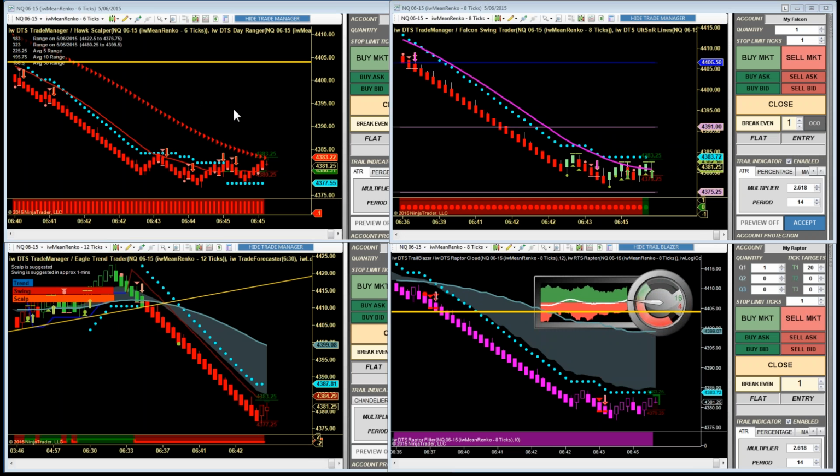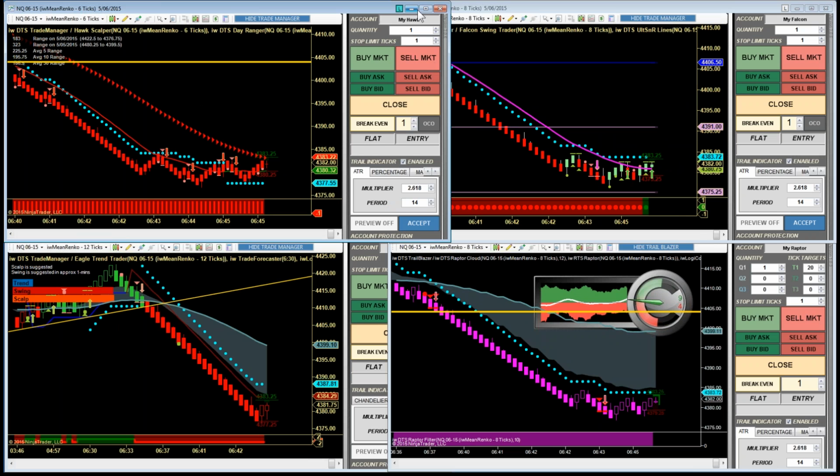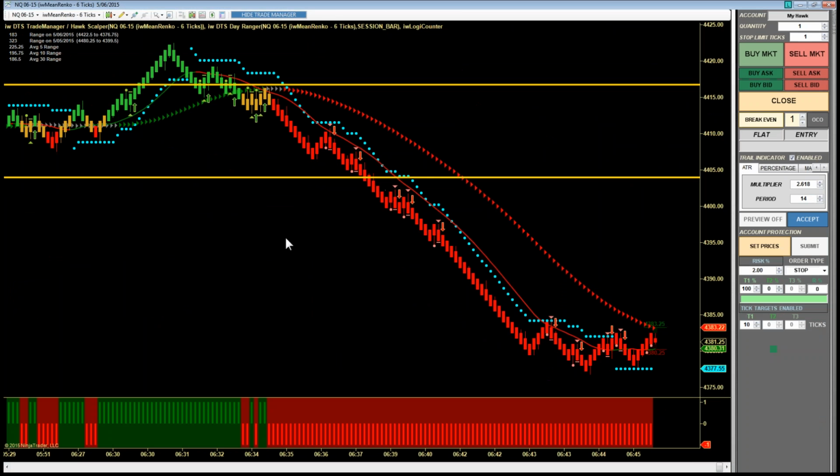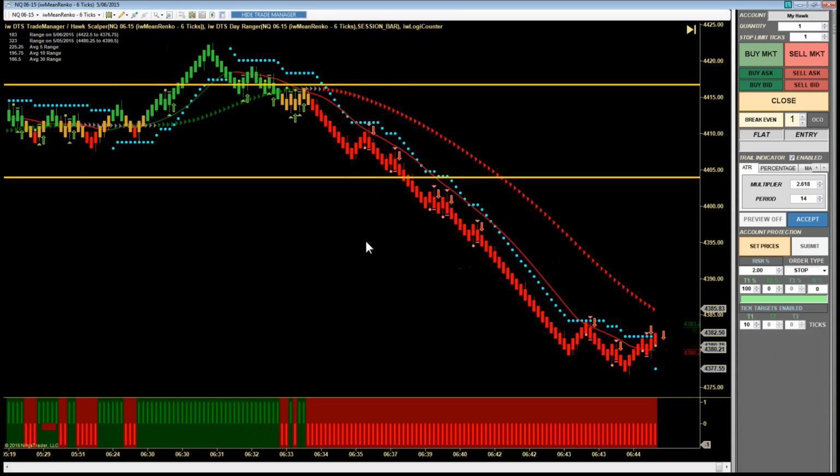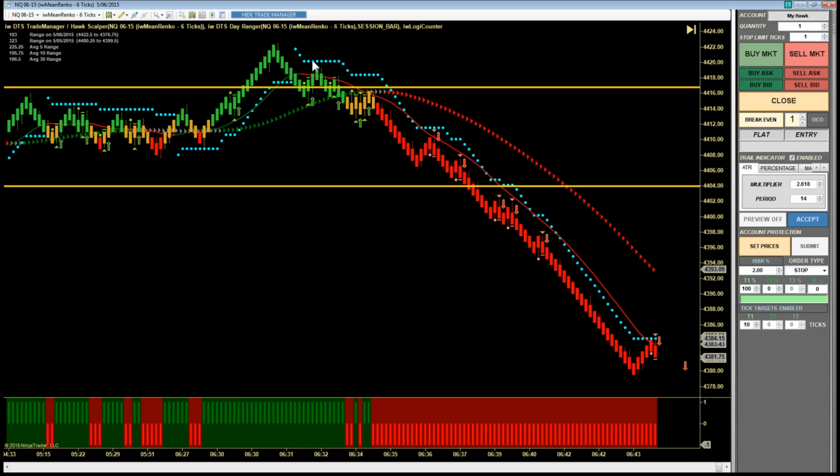But I'm afraid that might have been the move of the day, folks. We did get a retest, but it occurred very quickly. It wasn't as pronounced as the retest here. This is what they normally look like. When you break out, you get this retest and you get this rally here. This was moving so fast.